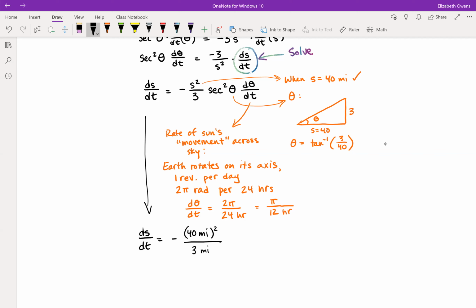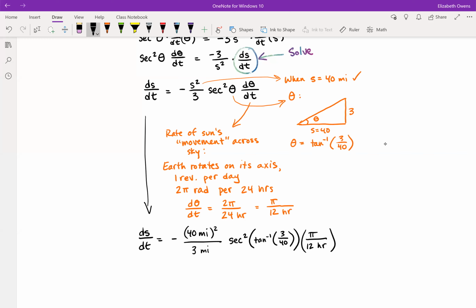And then we have secant squared of theta, which is the inverse tangent of 3 over 40. And this trig function is unitless. And then d theta dt, we just found to be pi over 12 per hour.